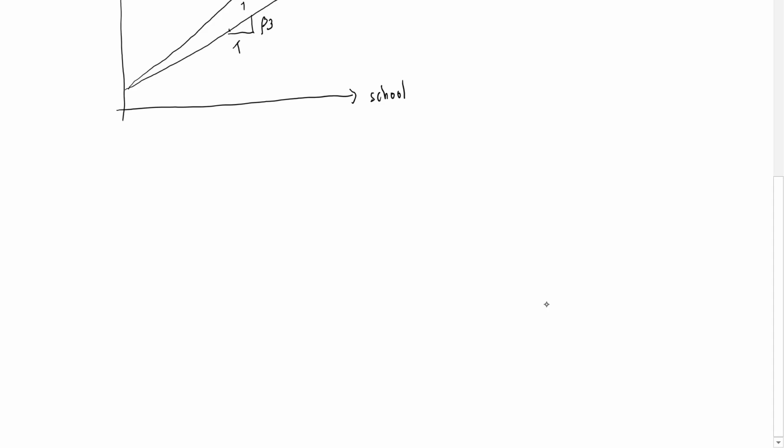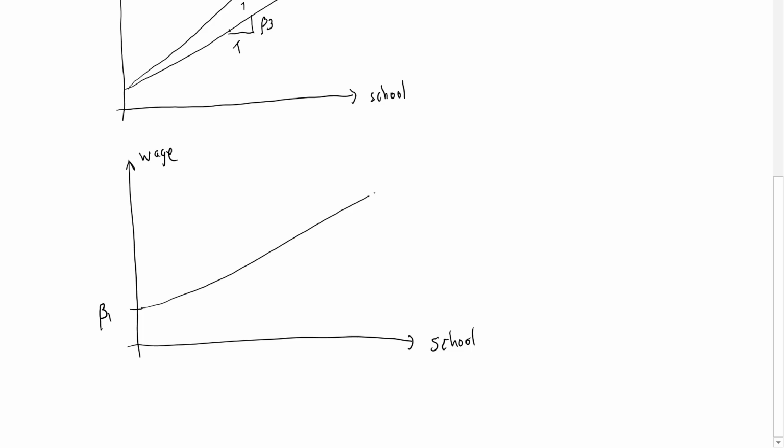If I had done that in my example, just as an example, I've done school, wage, then beta 1 would be the intercept for women. They would have a slope of beta 3.